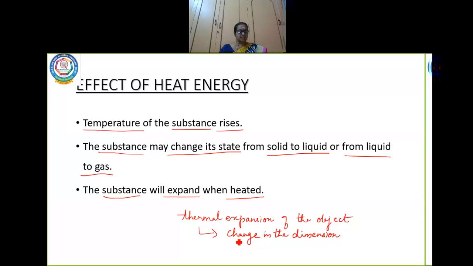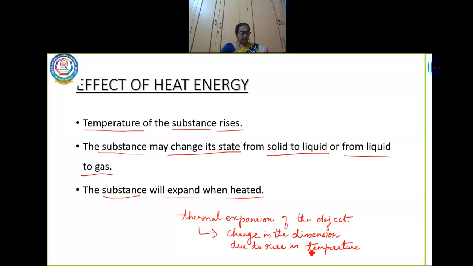So it is the change in the dimension of a body due to rise in temperature. When you supply heat energy, definitely temperature will rise, and that rise in temperature will change the length, area or volume of any object. This expansion is called thermal expansion of the object.